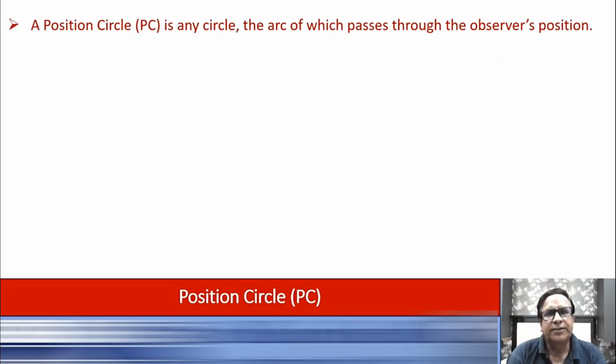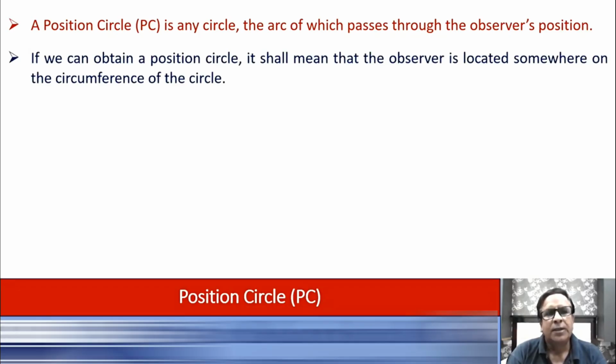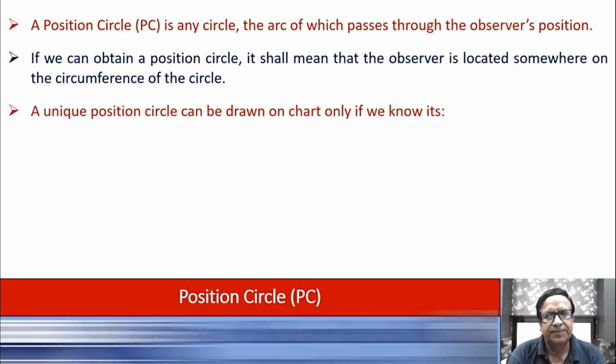A position circle is any circle, the arc of which passes through the observer's position. If we can obtain a position circle, it shall mean the observer is located somewhere on the circumference of the circle. A unique position circle can be drawn on the chart only if we know its center and its radius.